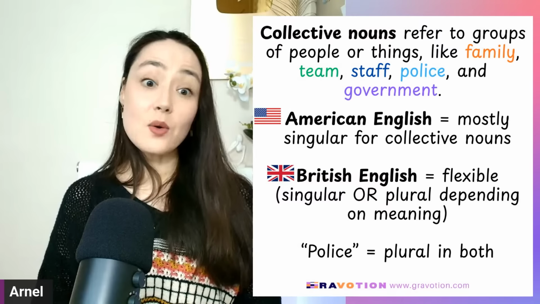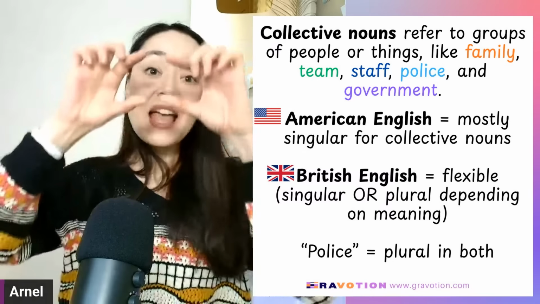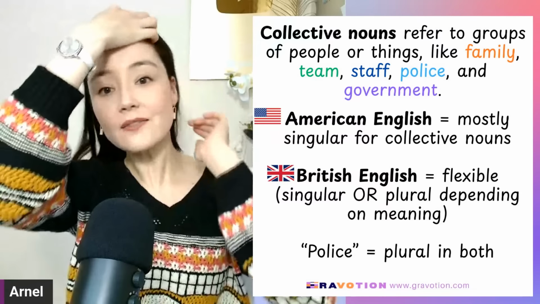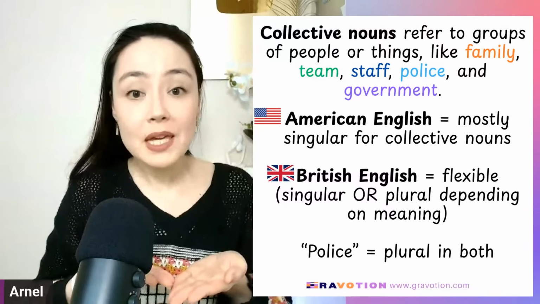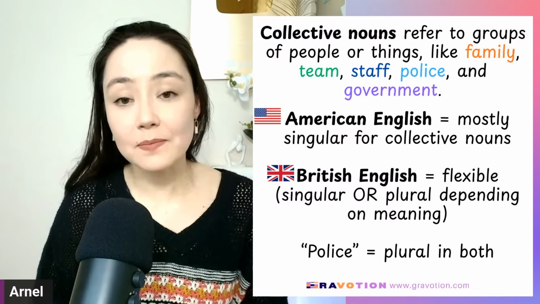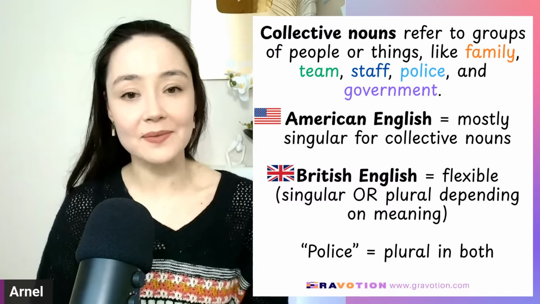Okay, now we're going to look at American English versus British English. At the top, collective nouns. Collective nouns refer to groups of people or things like family, team, staff, police, and government.